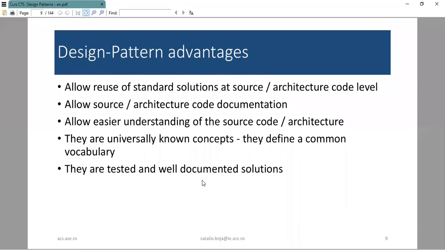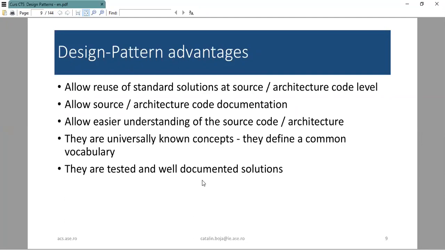And if everybody knows what a singleton is and you implement one, you will actually say a lot of things about the source code without writing comments, because they will see the singleton, and by knowing why you have used it and what the advantages of that solution are, they will be able to understand your solution and also to change it if they need to.